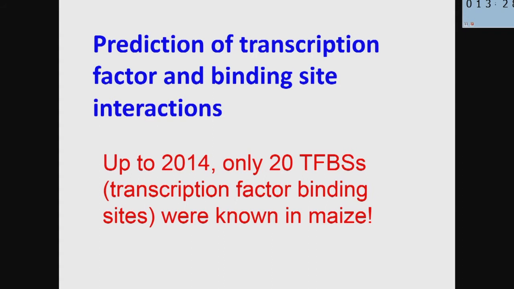The first thing we also did was predict transcription factor and binding site interactions. I was very surprised that up to 2014, only about 20 transcription factor binding sites were known in maize, although maize is an important crop and its genetics is fairly well known.